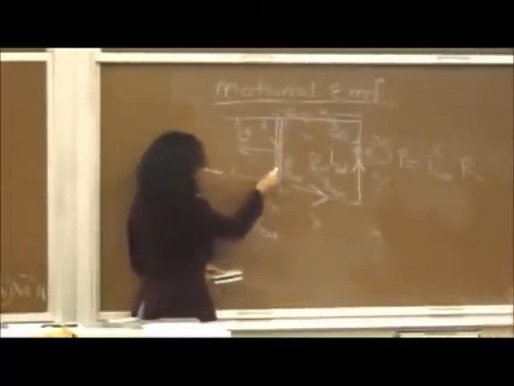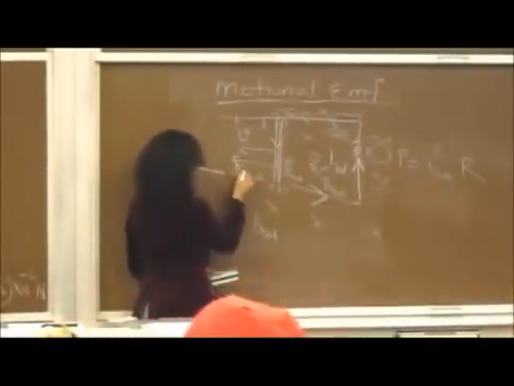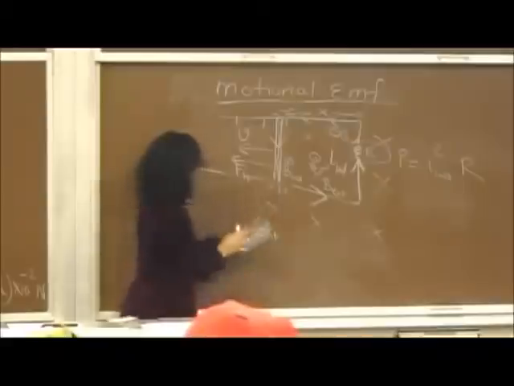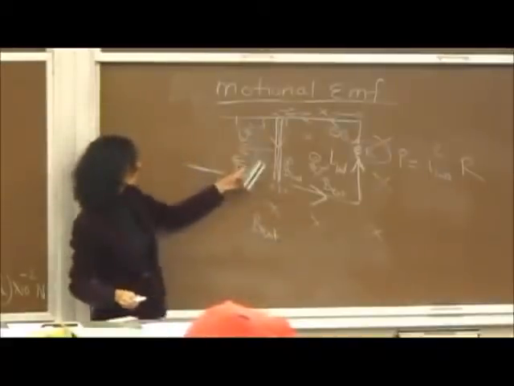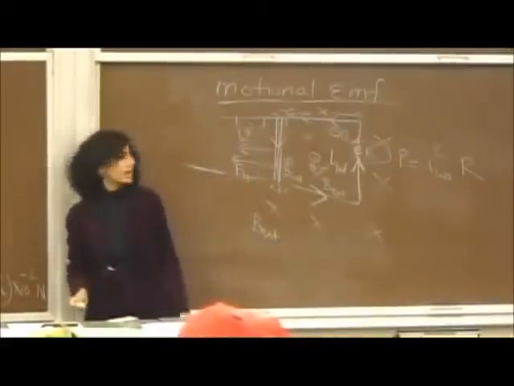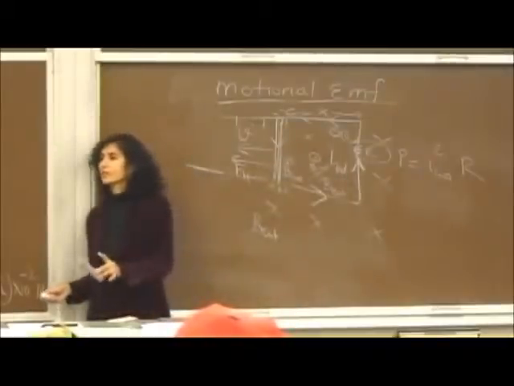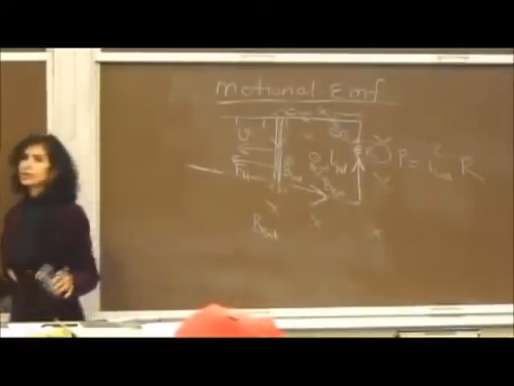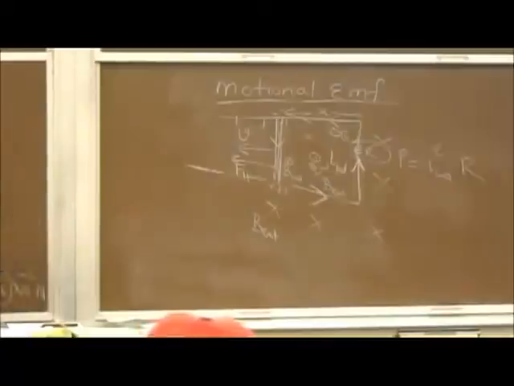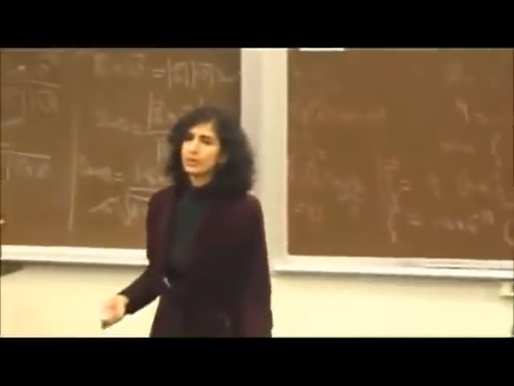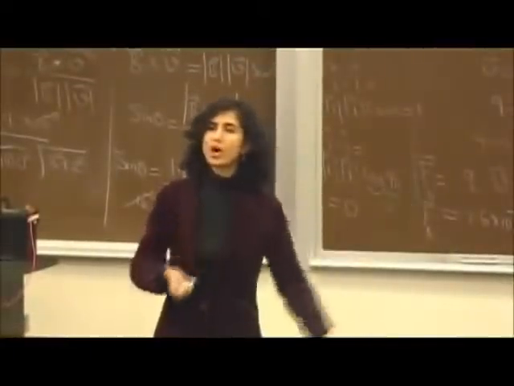So actually you might have to, for example, apply a force with your hand. Now why is it that in order to move this thing at a constant velocity you have to apply a force with your hand? Is there a force acting in the opposite direction? What is that force? Who wants to tell me why it is that in order to move this rod at a constant velocity you have to apply a force? What is the force that is acting in the opposite direction?